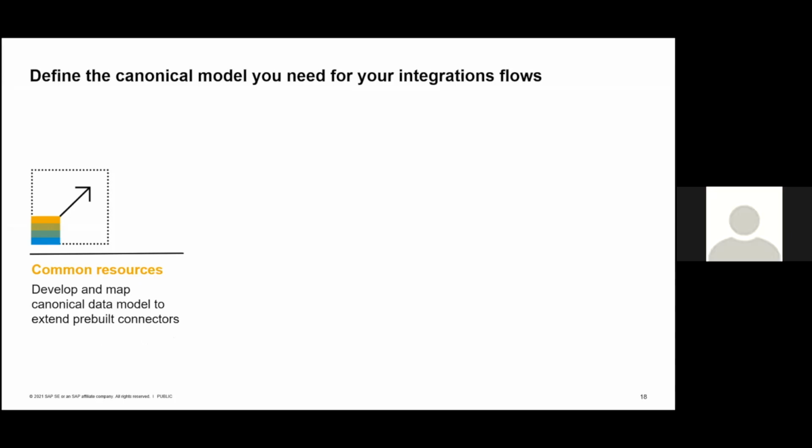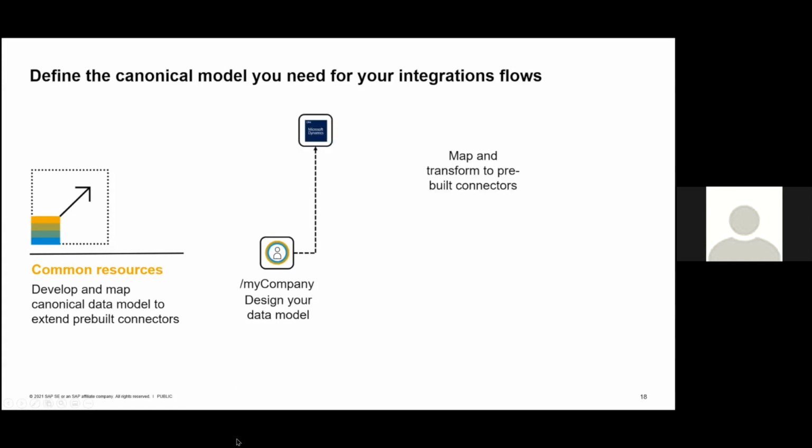So I wanted to tell you a little bit about the common resources and how they help you. With common resources, you have the possibility to define a consistent data model that suits your needs best. Imagine a common resource like my company with fields such as company name, country, city.